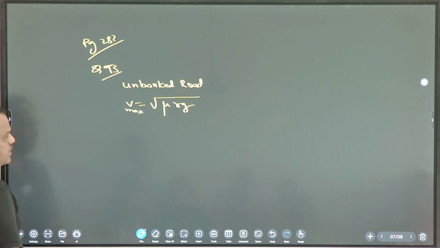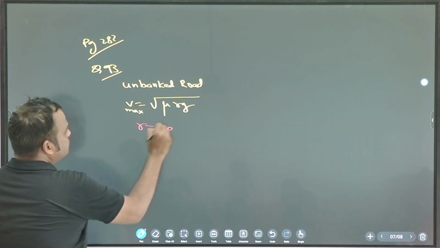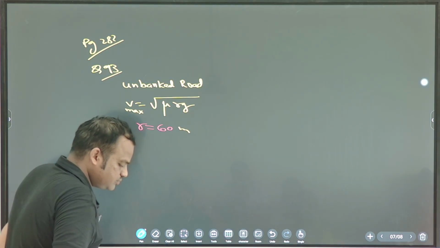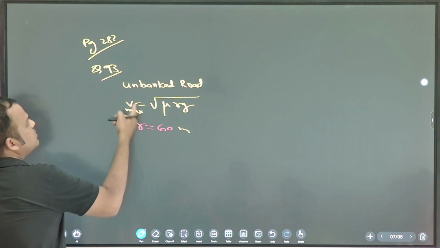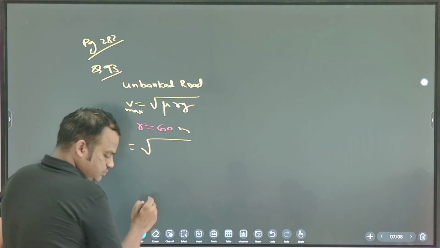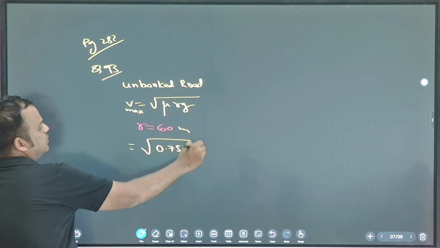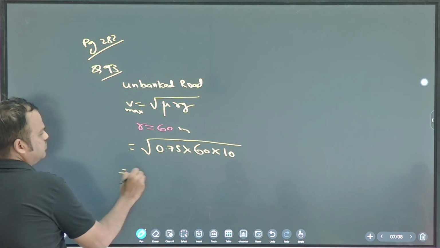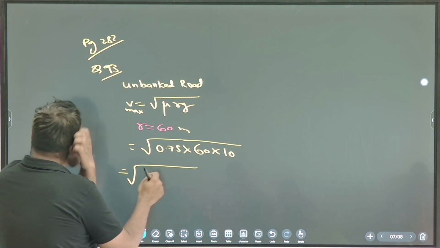Radius is given. What is radius? 60 meter. You have to find the maximum speed. Mu is given: mu is 0.75. Radius is 60. Gravity value 10. You can take 0.75.